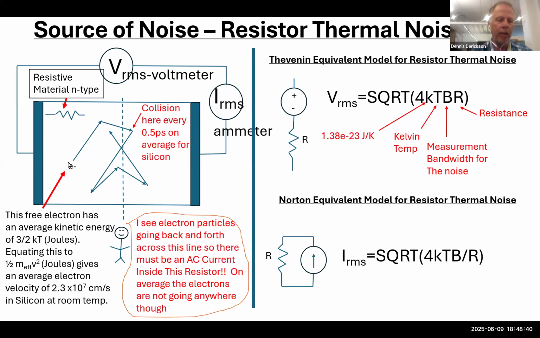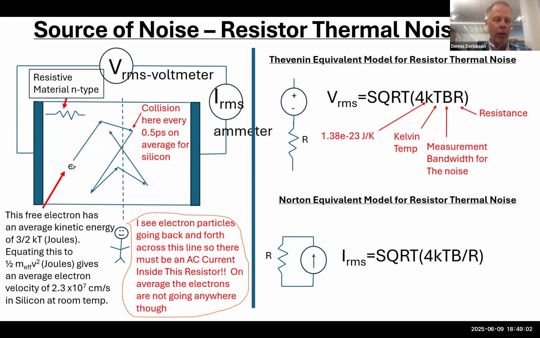Okay, let's look at this electron right here, E minus. Now, it is free to roam inside the resistor body. And this type of resistor body I have here is made out of silicon, and it has N-type material, meaning that electrons are the primary carrier that are free to run around. And so this is resistive material.